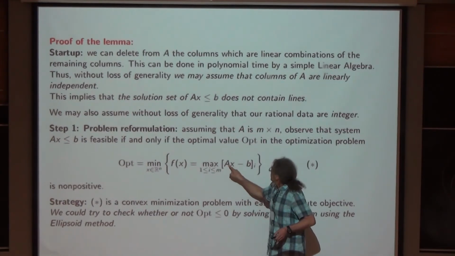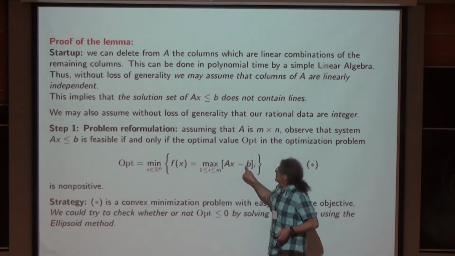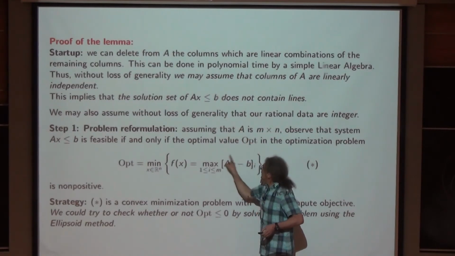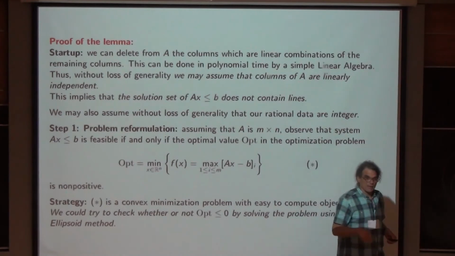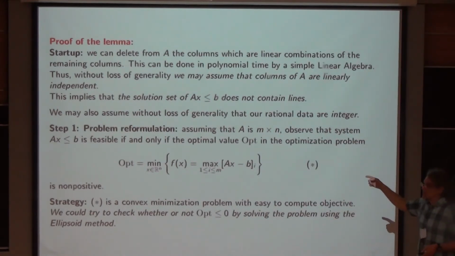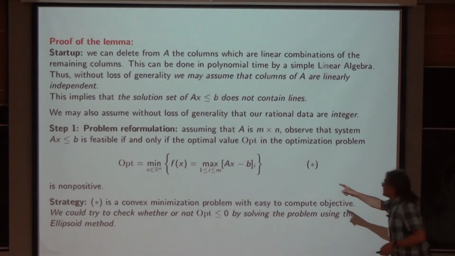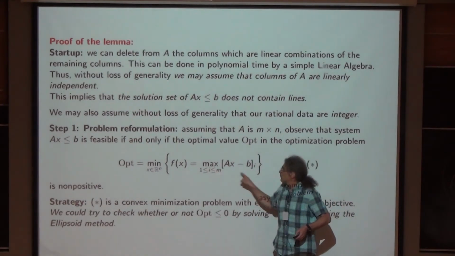So it means that if Ax minus b is solvable, then there is x such that this maximum is negative. And if the problem is not solvable, then this maximum will be positive. And this is a convex optimization problem.